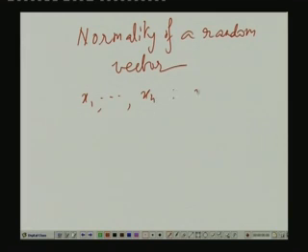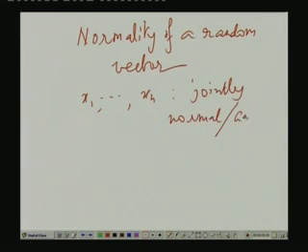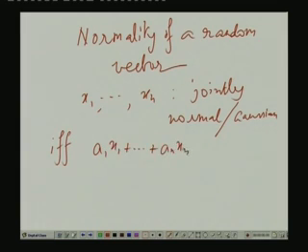We will say they are jointly normal, and Gaussian and normal are the same, jointly normal or Gaussian equivalently, if and only if a1 x1 plus ... plus an xn. By the way, I am considering only real valued variables, and therefore the coefficients a1 to an are also real valued, but this can be generalized to the complex case, which I am not doing here.